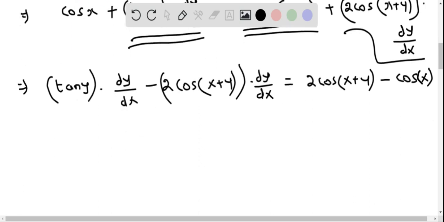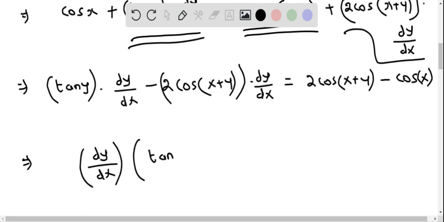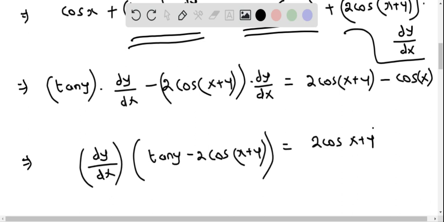Now let's factor the dy by dx from the two terms on the left side. So I can put this dy by dx in front, multiplied with tangent of y minus 2 times cosine of x plus y. And this equals, on the right side, we already have 2 cosine of x plus y minus cosine of x.